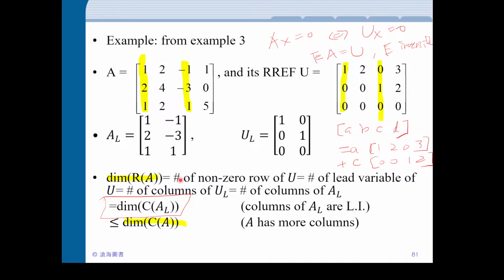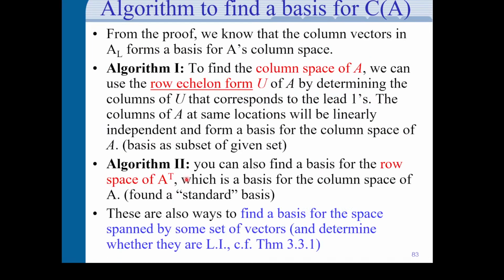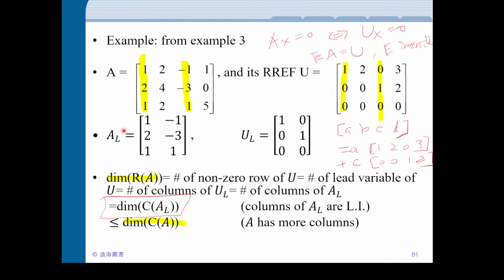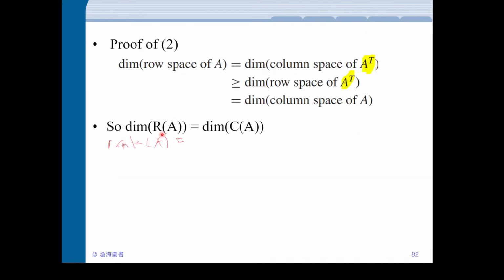So those two will be a basis for your column space. Okay, and so the nice thing about this algorithm is your basis will be a subset of your columns. So you see, you take two columns of A, and these two columns span your column space.